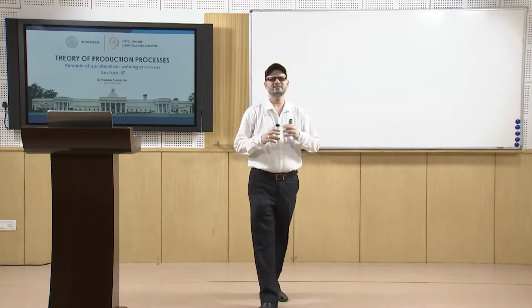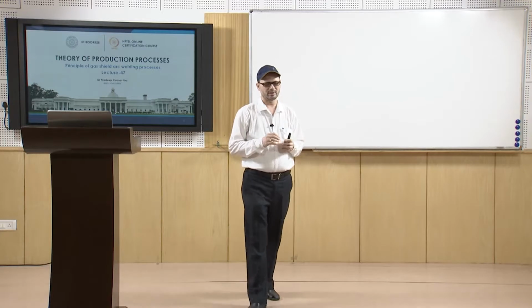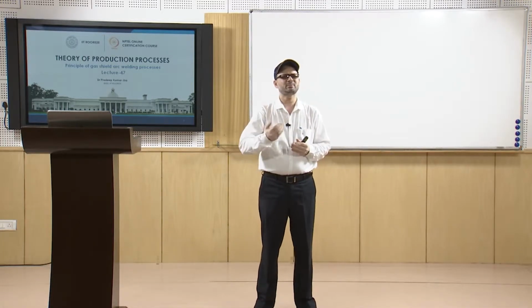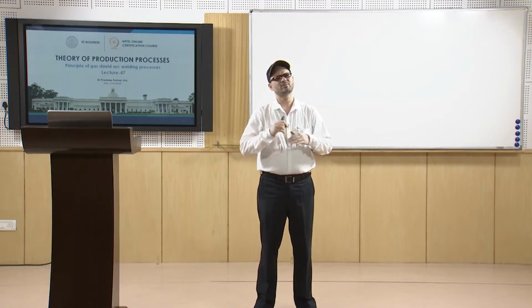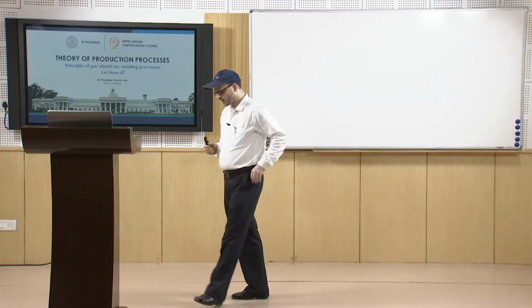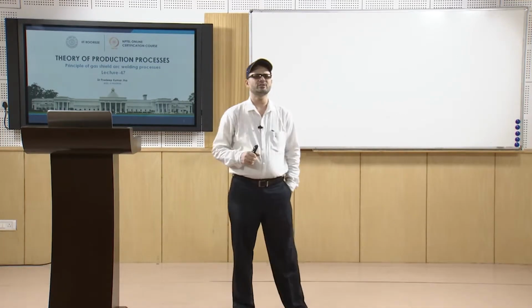Here we are replacing the tungsten electrode with the metal electrode itself, because that is getting consumed, but the principle is that we are using the shielding gas. That protects the weld pool from any type of contamination.